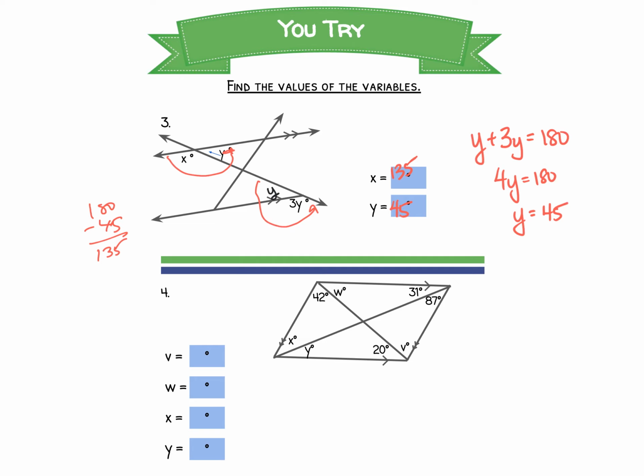Okay, so the last one here, we have two sets of parallel sides and we're missing 4 angles. Okay, so what I really tried to point out today was we're really looking at one set of parallel lines and one transversal. Okay, so if I look at that set of parallel lines and that transversal, the only angles I can find using those are, oops, hold on one second.